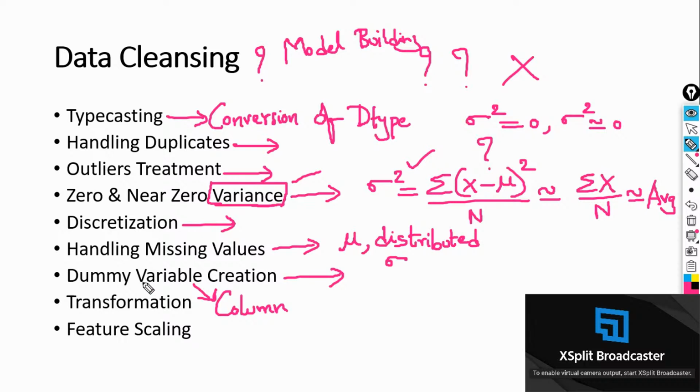So, dummy column creation. We will create some dummy columns. But what is the purpose? The purpose is, if we have any non-numeric or categorical data, and you want to include it in model building, you have to convert it into numeric form. Why, Akhil? We'll discuss.